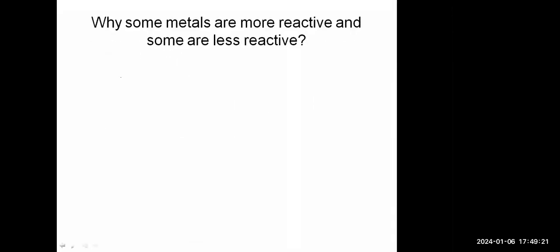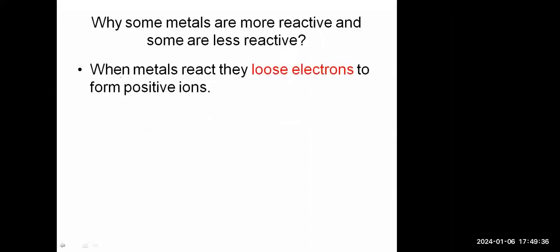Why does this happen? Why is it that some metals are more reactive and others are less reactive? It is all because of their nature to donate electrons. The metals, as I told you, are electron donors. They have a tendency to lose electrons.